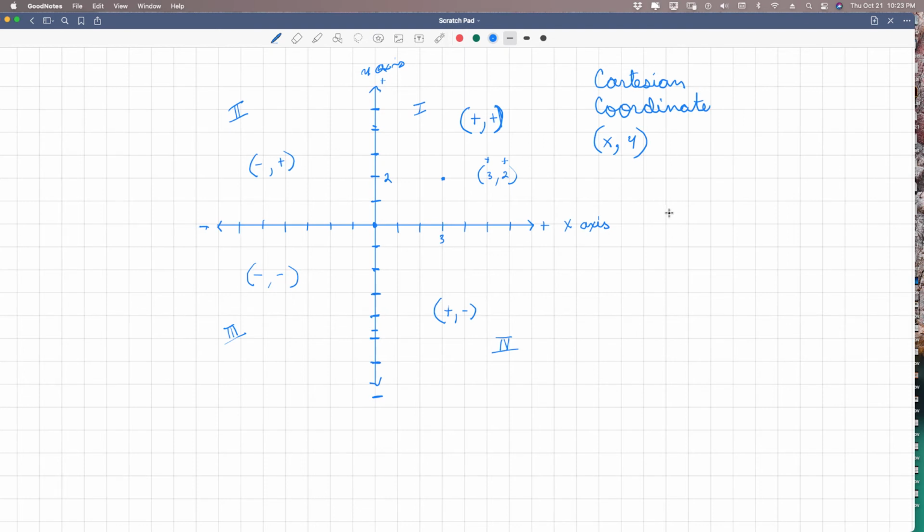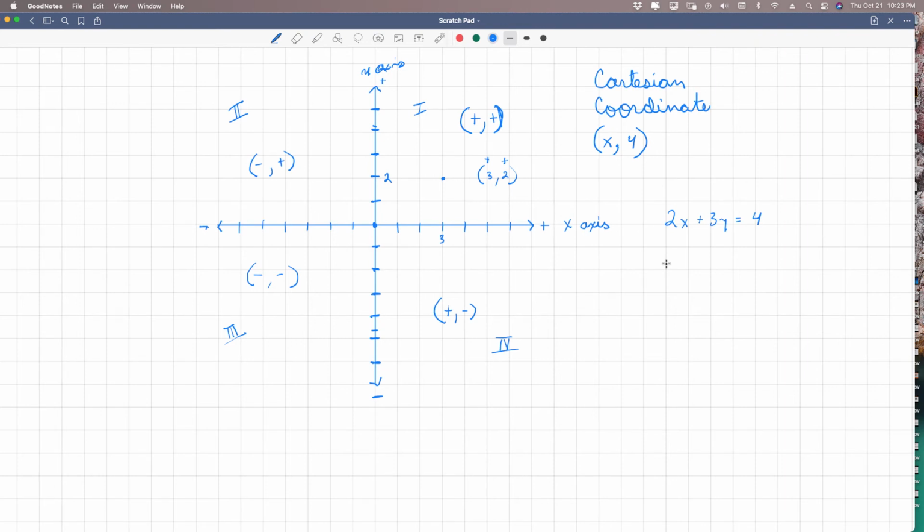So for instance, if I said 2x plus 3y equals 4, we would consider that to be called a linear equation. Why?